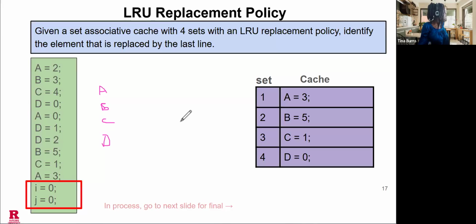You can look at it from the back lineup, or you can also write in what has been accessed, and then I'm going to put I and J down here as my next numbers. A was my first element that was accessed, B was my second, C was my third, this was my fourth for D. Then I accessed A again.